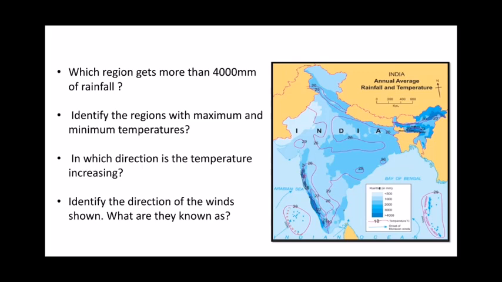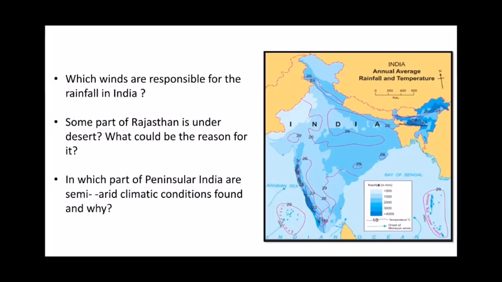The winds shown are blowing from the southwest to the northeast direction, and these winds are called the southwest monsoon winds. Next question. Which winds are responsible for the rainfall in India? It is the southwest monsoon winds.